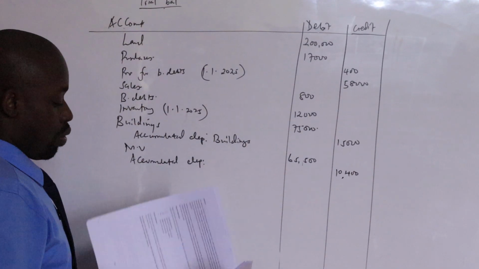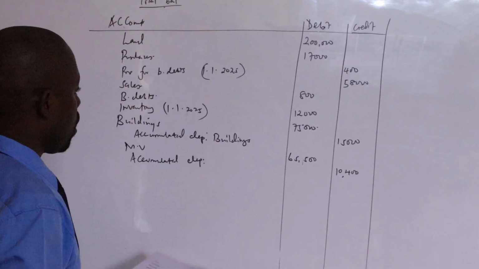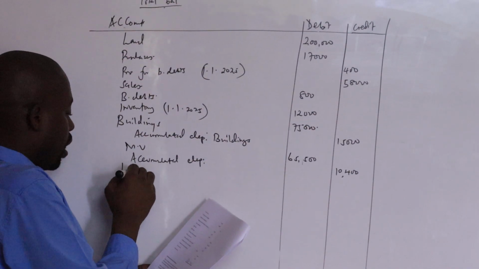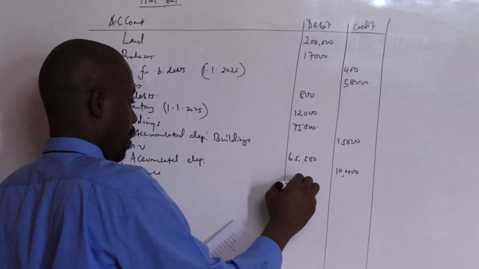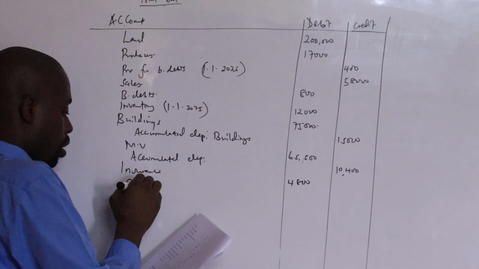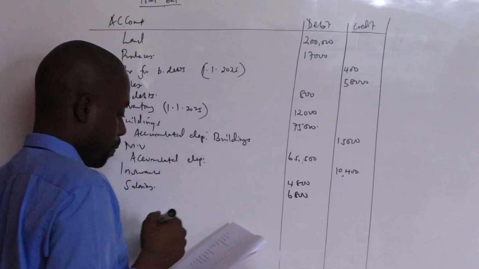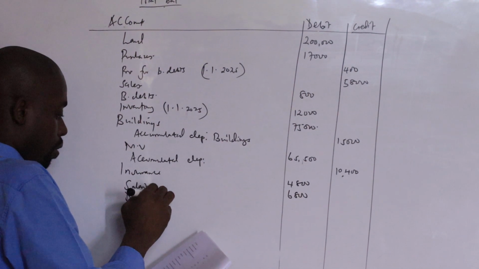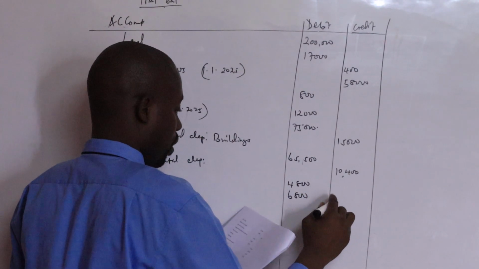Next, we go to the others. There are so many. I will list the much we can use to study, but I want us to understand. Insurance, 4,800. We've got salaries, 6,800. Discount received, have it as 750.